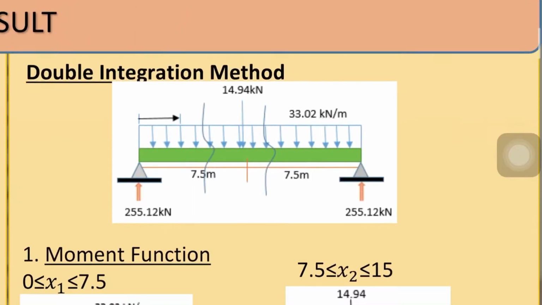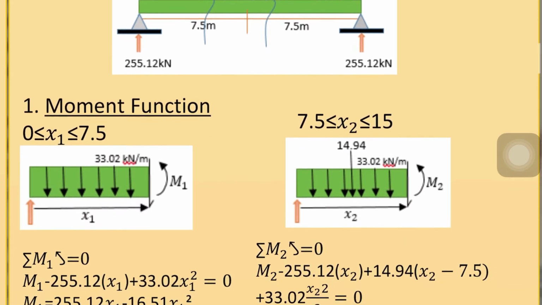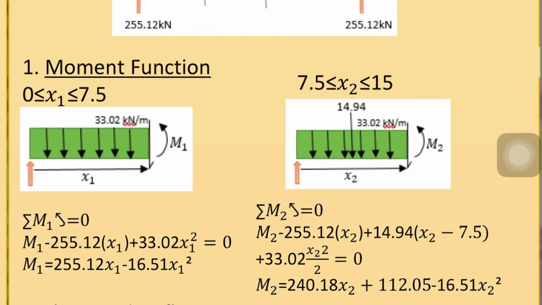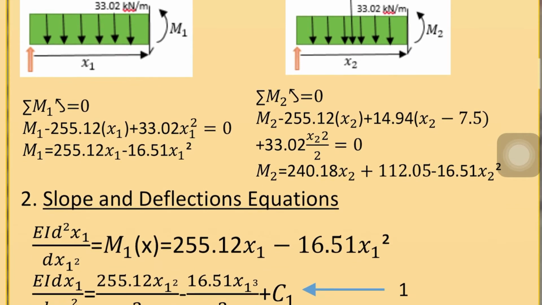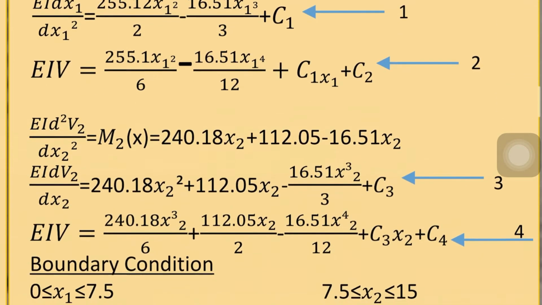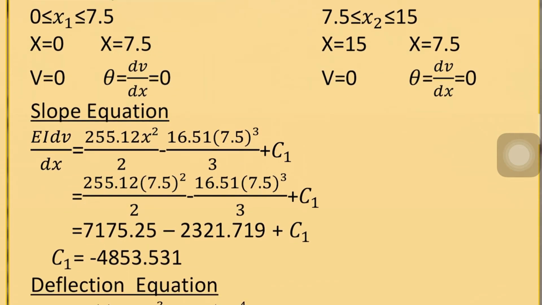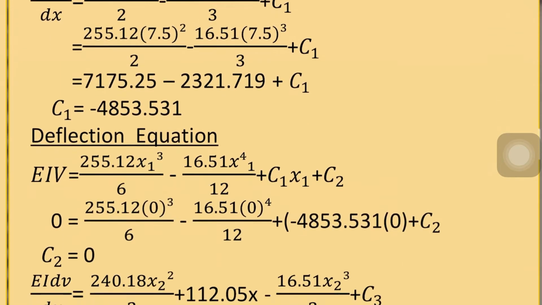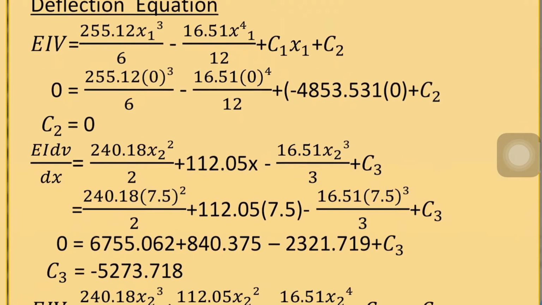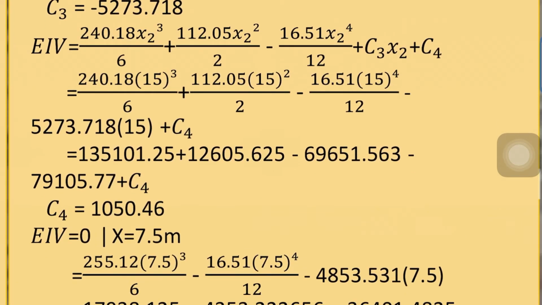To define the deflection manually, we are using the double integration method to define the deflection by using slope and deflection equations, and also the boundary conditions, from which the slope equation can be obtained, and we get the answer for this manual equation as negative 815 millimeter.